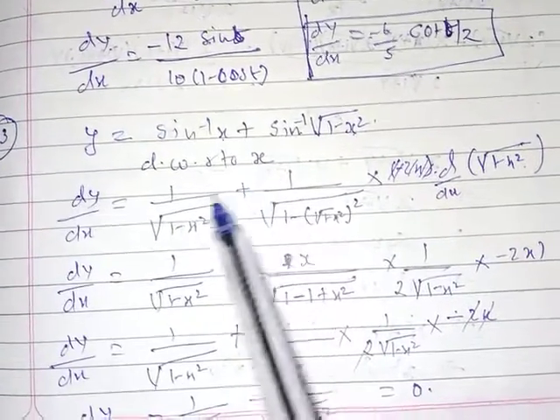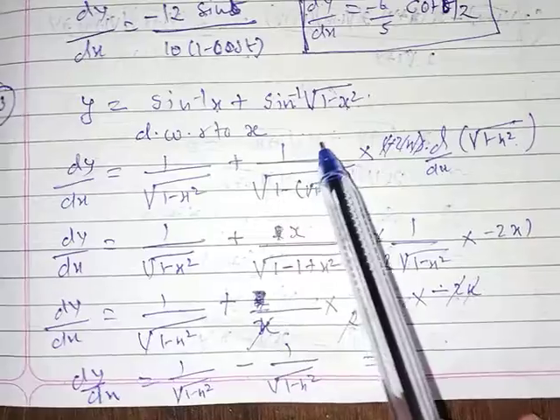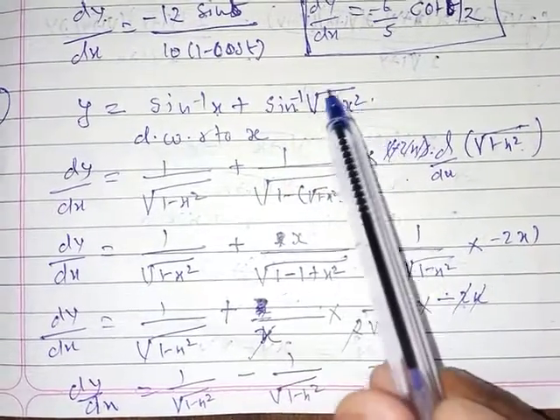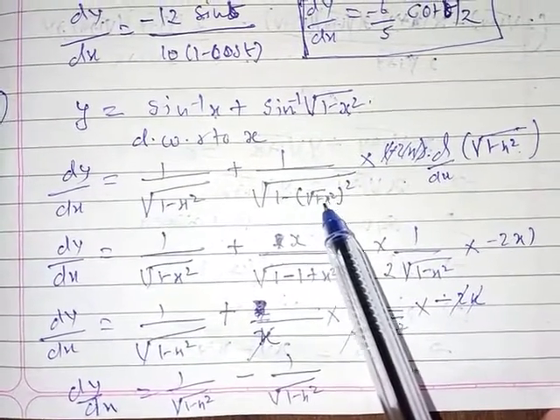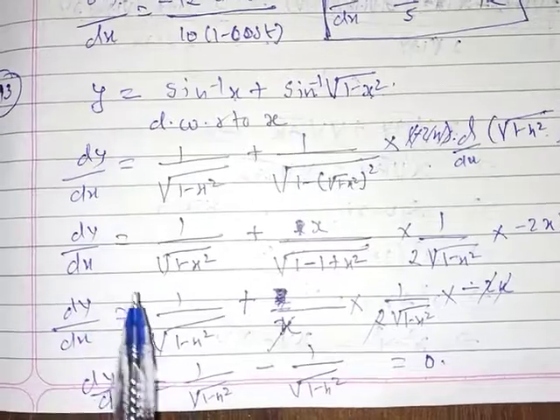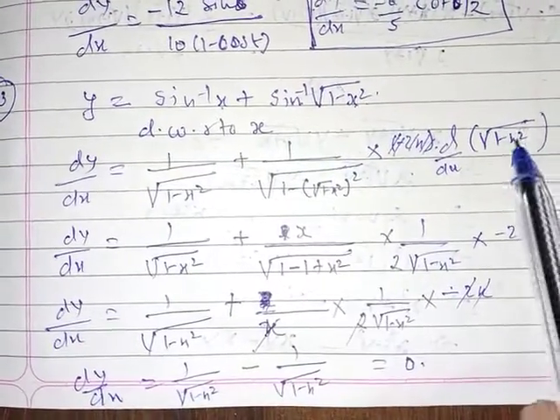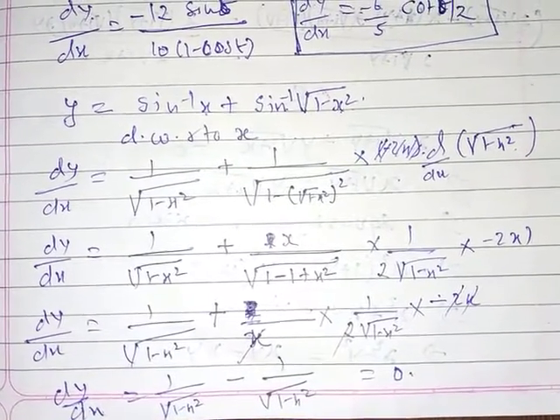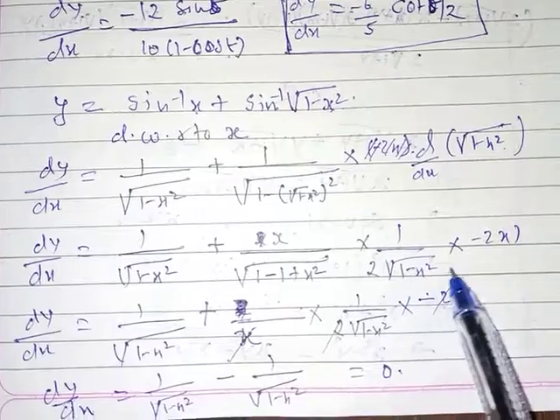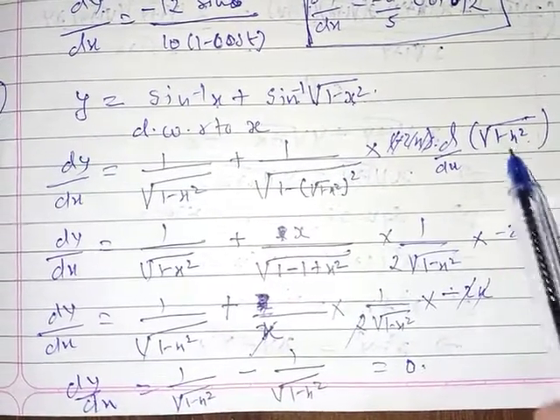Derivative with respect to x. dy by dx is equal to 1 upon root 1 minus x square plus, for sin inverse of this, the derivative will be 1 upon root of 1 minus this whole bracket squared, which is root 1 minus x square whole square, into the derivative of root 1 minus x square. By the power rule it is half root 1 minus x square into, again the derivative of minus x square, which is minus 2x.